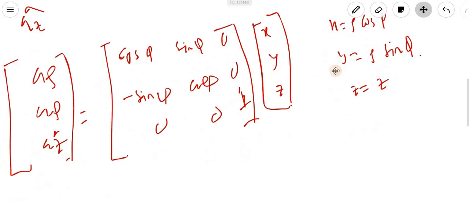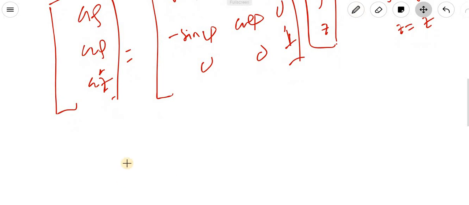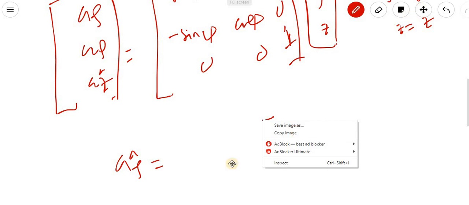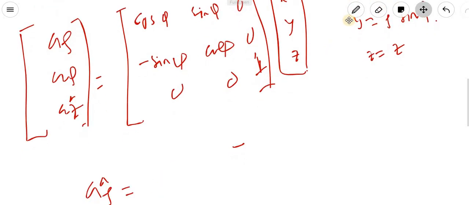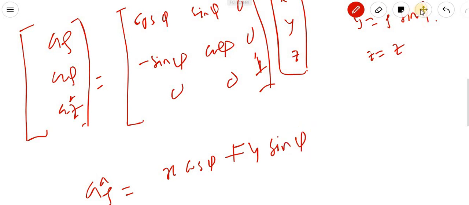So what will the components be? The a rho component comes like this: x cos phi plus y sin phi.